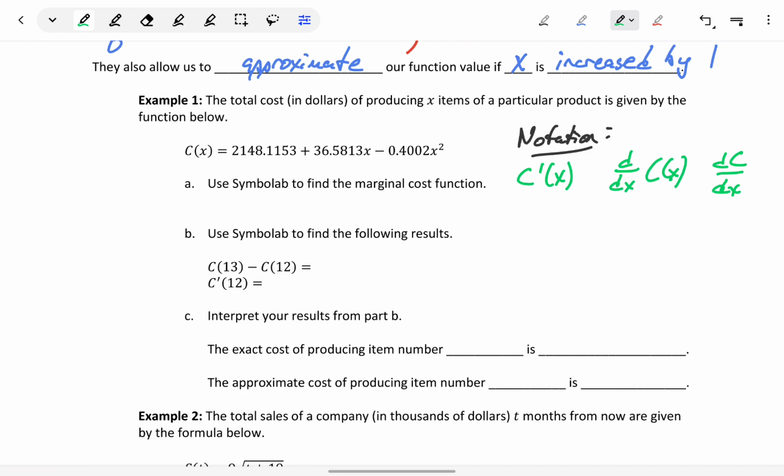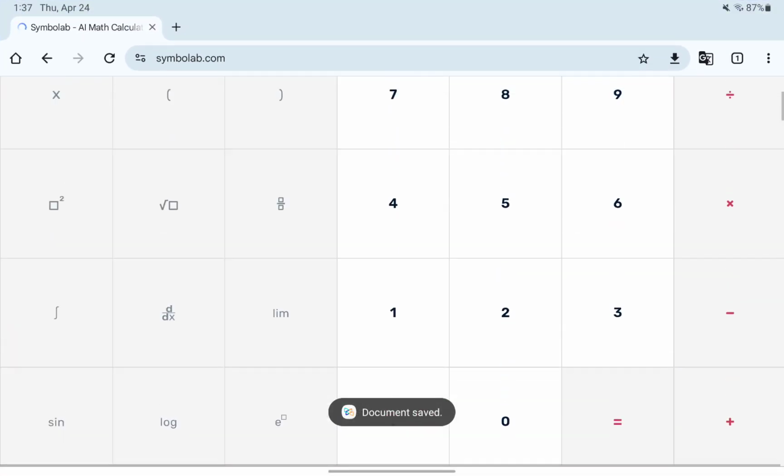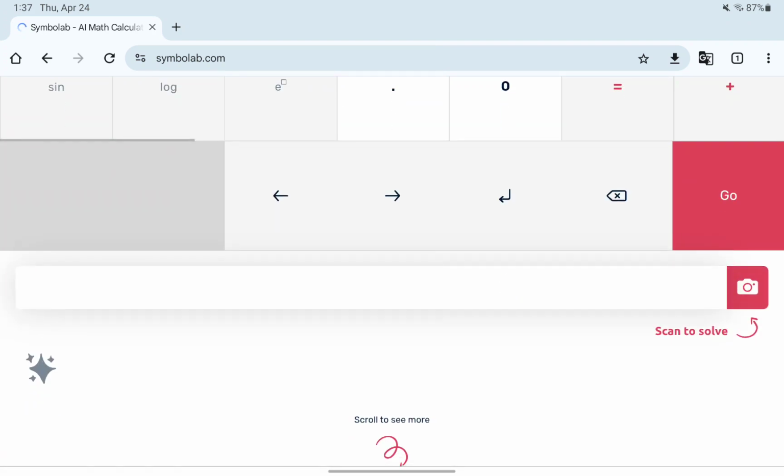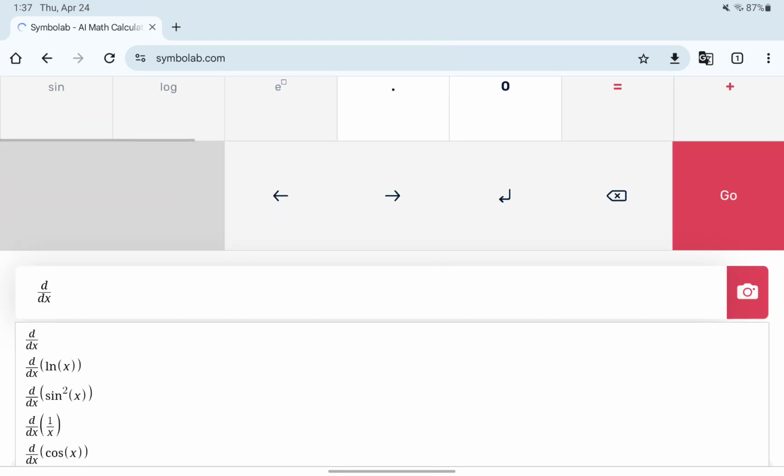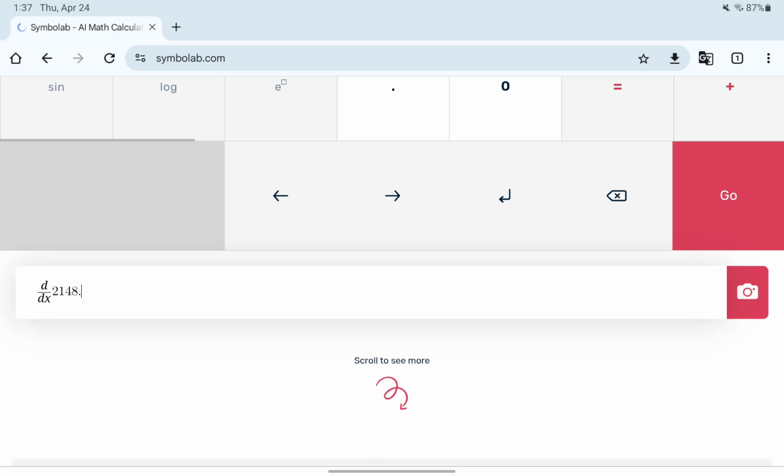So in this case, if what we want to find is the marginal cost function, then we want to find c prime of x. That's just the specific name for the derivative of our cost function. To do that, in Symbolab, we'll use that d over dx notation to communicate to it that what we want is the derivative of this function. And then we'll input that cost function that we were given.